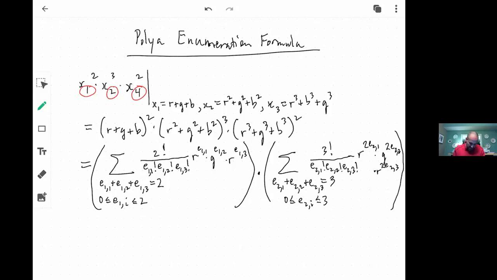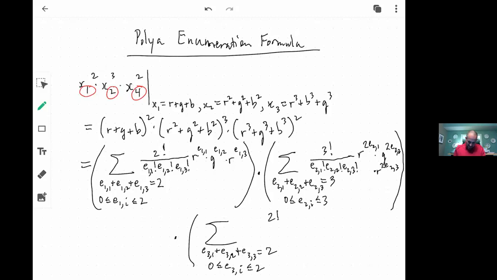Close parentheses. And we have one more term here. Okay, this is getting a little bit boring, but it's just good for us to remind ourselves of these things. Okay, so E3,1 plus E3,2 plus E3,3 has to be what? 2? Okay, and E3i has to be between 0 and 2.